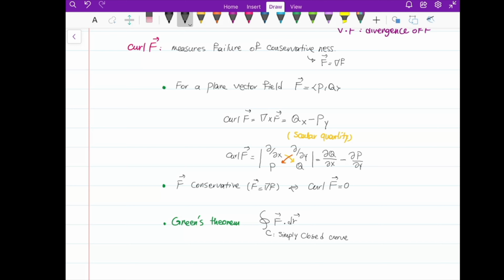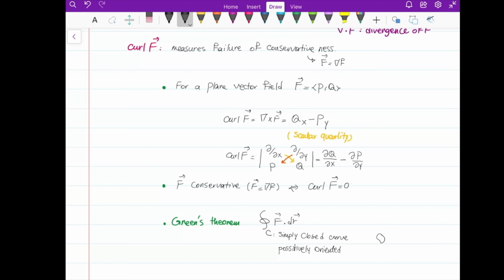Simply closed curve means that the curve is not like this, it's just like that. So this is not a simple closed curve, this one is. Okay? So a simple closed curve like this one, which is positively oriented.